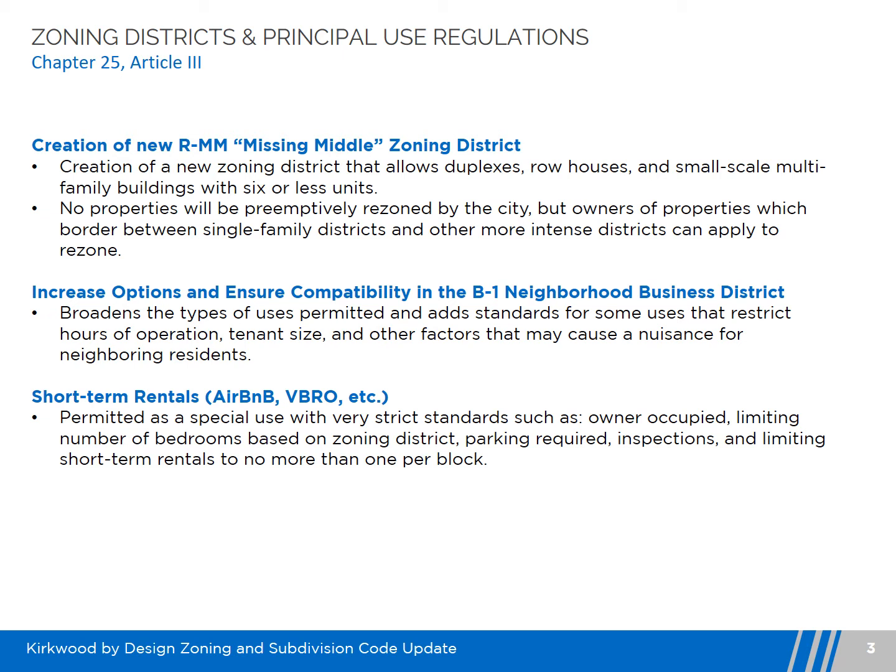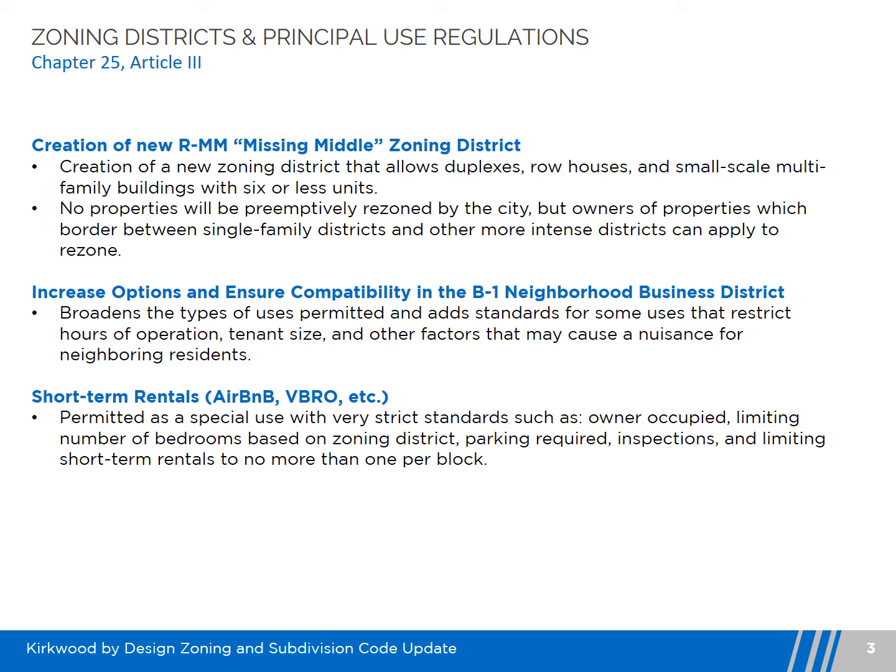In some cases, restricting the size of the tenant or the hours of operation. I think we also worried about the delivery times. I think that's district-wide. So we tried to increase the opportunities for different types of businesses to occupy those spaces, but also make sure that they're compatible with the neighboring properties.